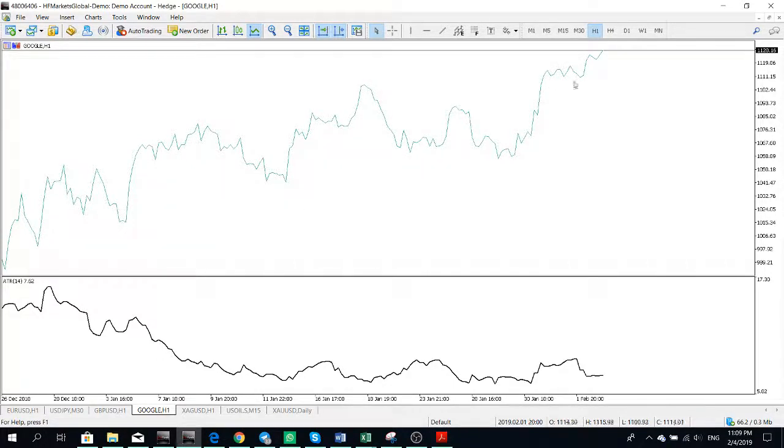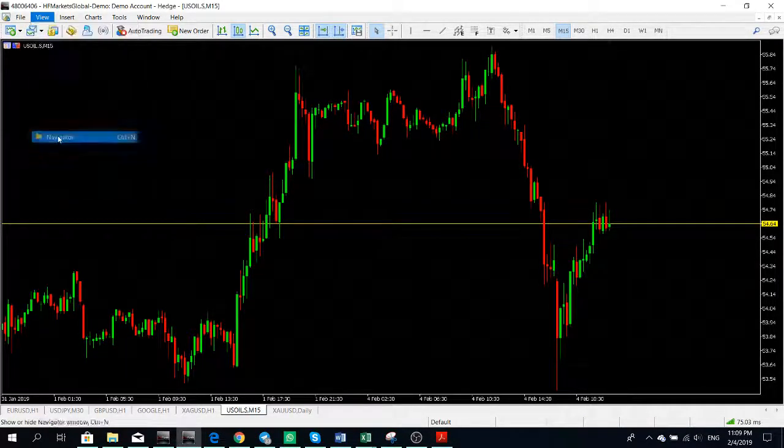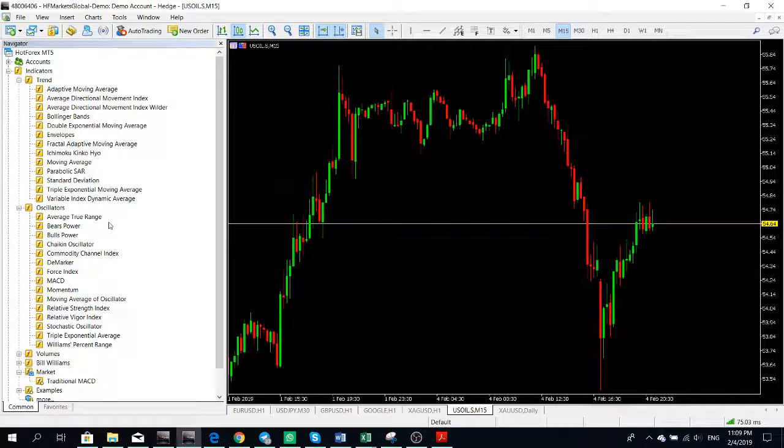So it shows that this stock is very risky, much riskier than another. It's a $1,000 stock, so for sure the change is going to be $7, $10, even $20. With this indicator, you can understand the changes in the market, and by this average of change in the market, you can set up your risk management.